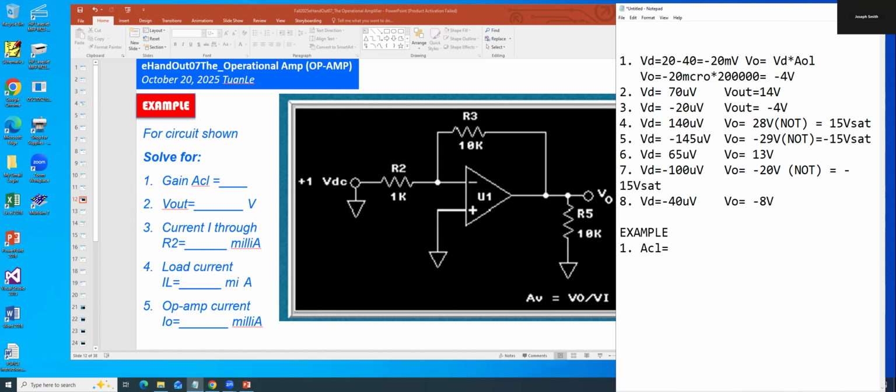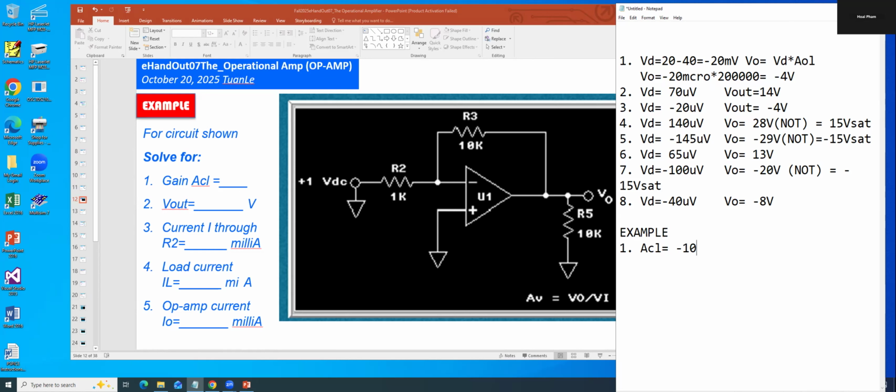Is the gain R3 over R2? I'm asking you, Mr. Pham, is the gain R3 over R2? 10K divided by 1K. Yeah, so the gain is 10.